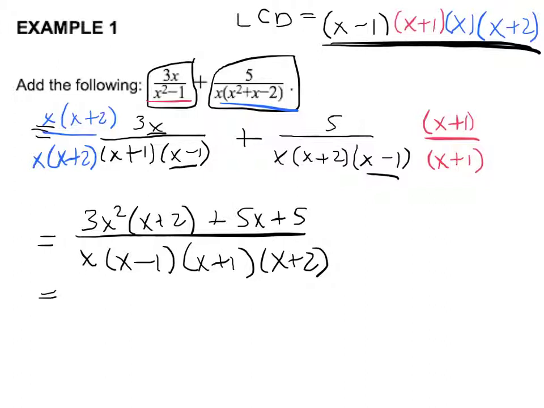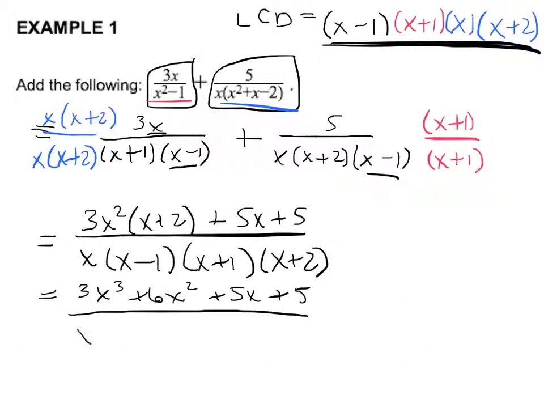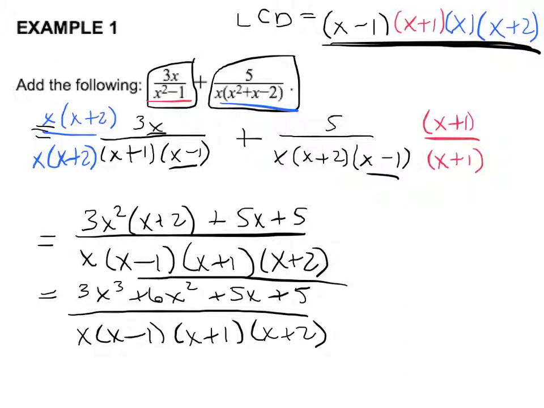So continuing to distribute, we get 3x cubed plus 6x squared plus 5x plus 5. And then still divided by our original least common denominator. And in this case, our polynomial is not factorable. So this is actually going to be the final form.